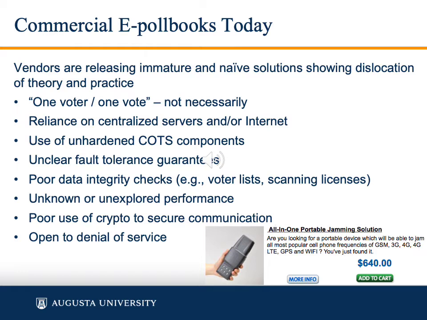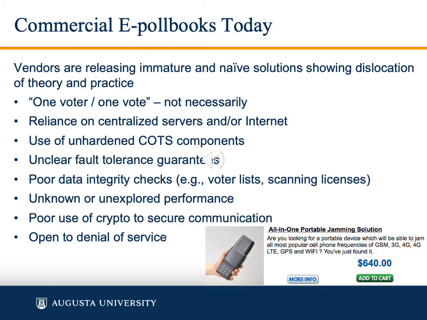Licenses, the barcodes on driver's licenses used for identification may contain issues that the systems are not able to deal with. The performance claims are not clear. It is far from obvious how these systems can scale in terms of being able to support voters when the voter turnout is high.